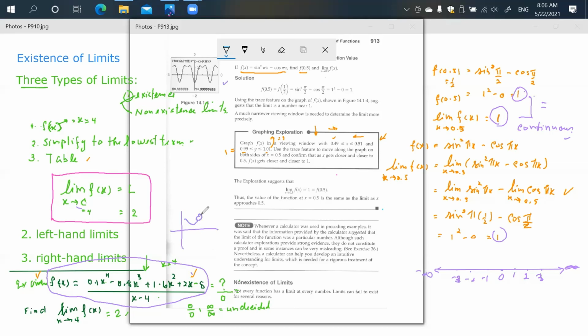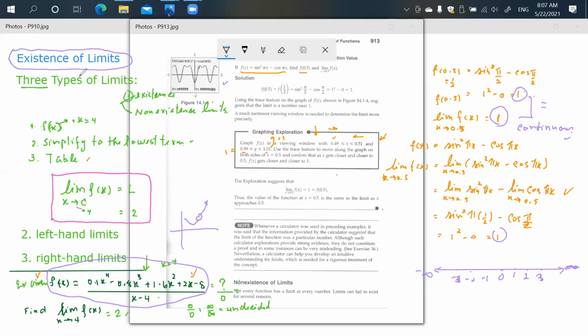They have one open dot here, but the rest continues. This is the idea of continuity briefly, and it will relate to the later part, so try to understand this one. I think that's all for the examples for existence of limit.